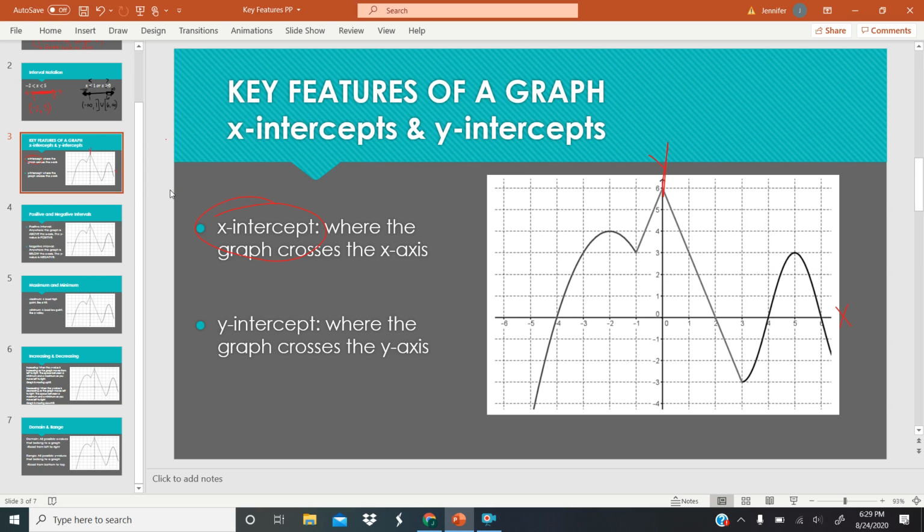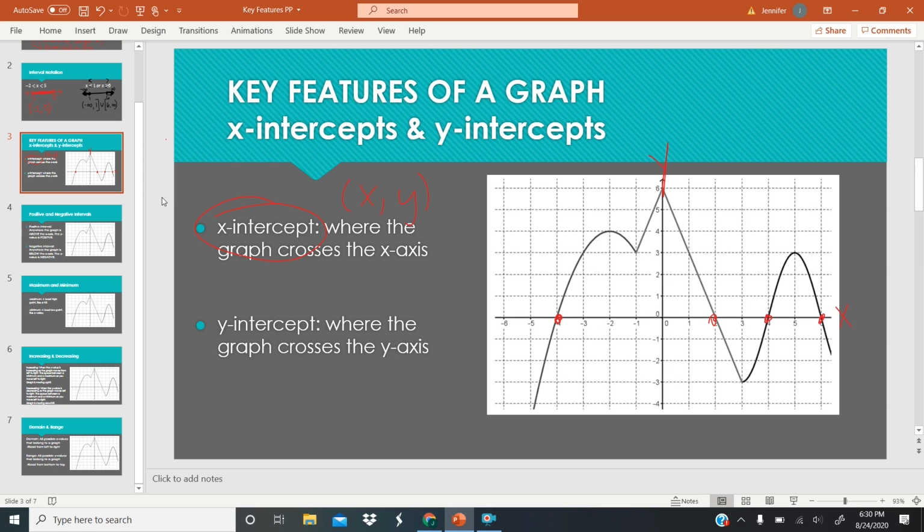So where the graph crosses the x-axis is right here at -4, at 2, at 4, and at 6. So you're going to want to write each of those as points on the graph. And whenever you're writing the points, remember you write the x coordinate and then the y coordinate.